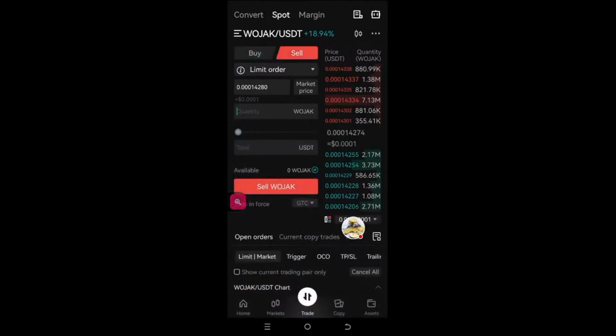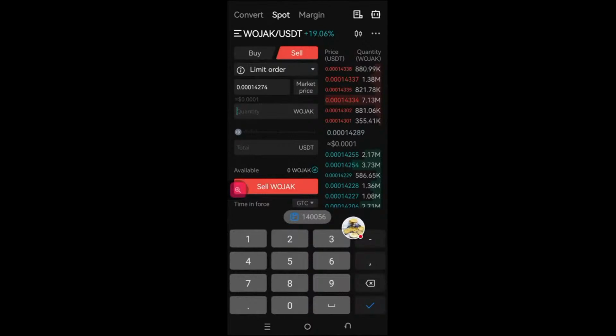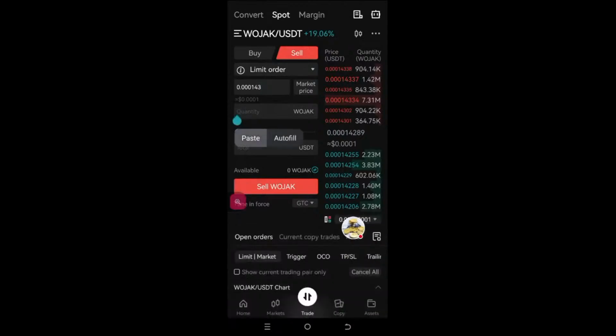Sell. It's actually on the highest, so we have to choose something. What do we have here now? 142. So let me put 143. Okay. Wojak, what a name. What's that?